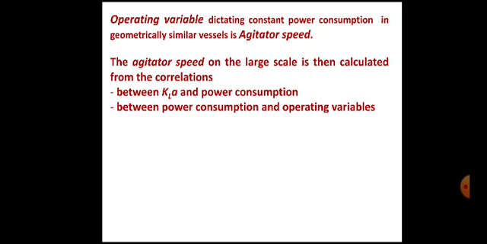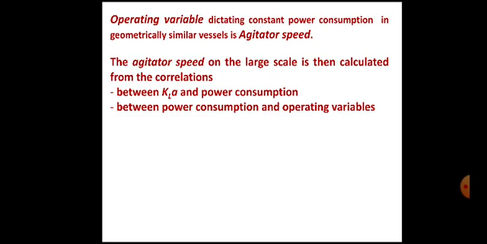The agitator speed on large scale is then calculated from the correlations. All these are the sorts of calculations. We are not going into too much detail, but this leads to calculations using different equations. So what are these correlations?